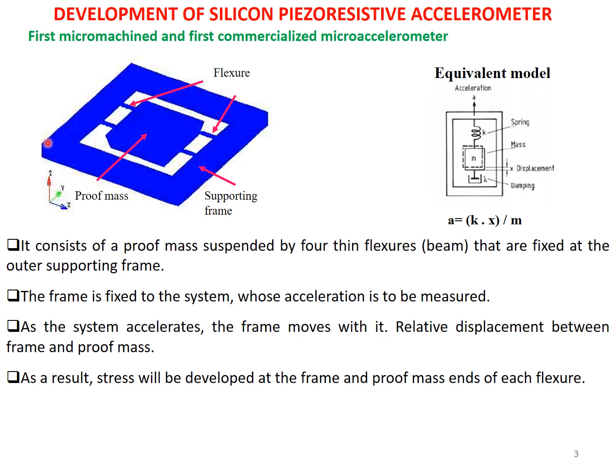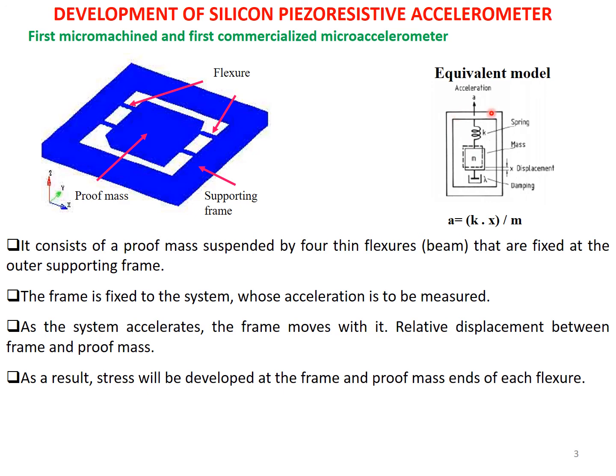This external rectangular blue portion is the reference frame or supporting frame, and in the middle, that square block you can think of as the proof mass, and these four springs, two on the sides and another two, are the springs or the flexors, right? So essentially you can understand that this equivalent model will be a simple mass spring damper system.